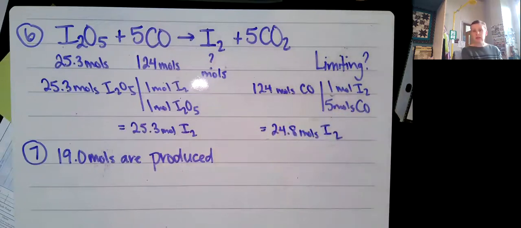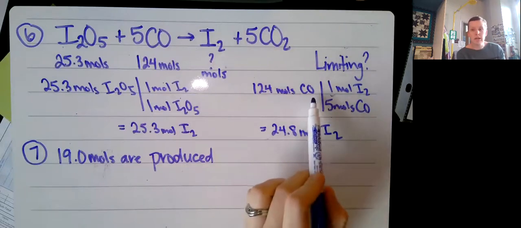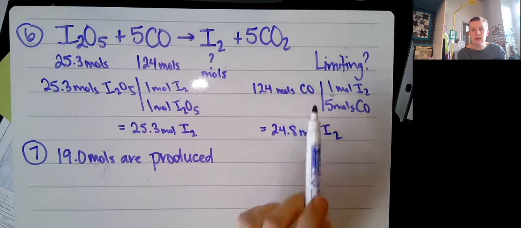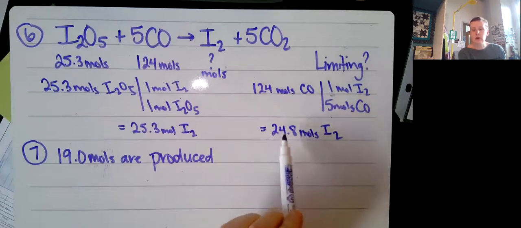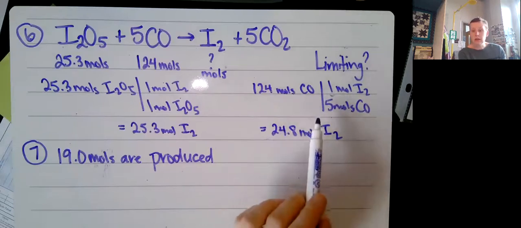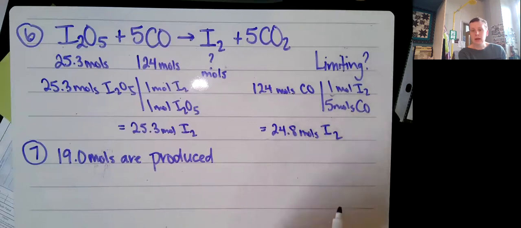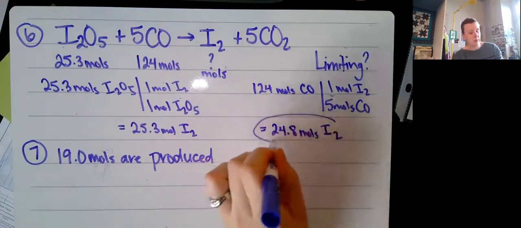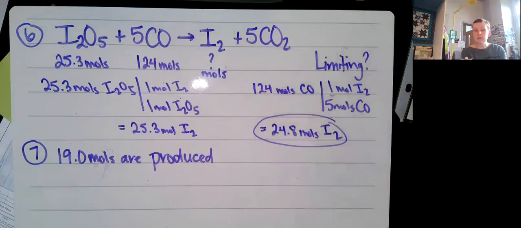Which one's limiting? The one that gives you less, right? So carbon monoxide is the limiting reactant because it only gave us 24.8 moles. Then it runs out and we can't make any more iodine. So 24.8 moles is our theoretical yield.